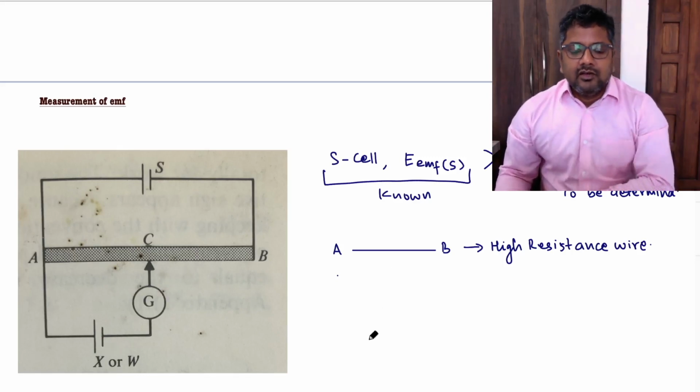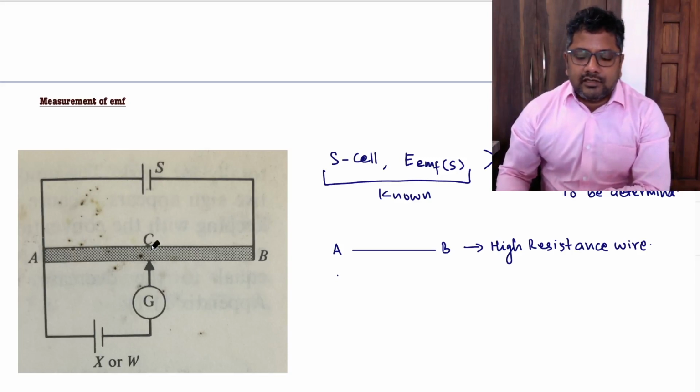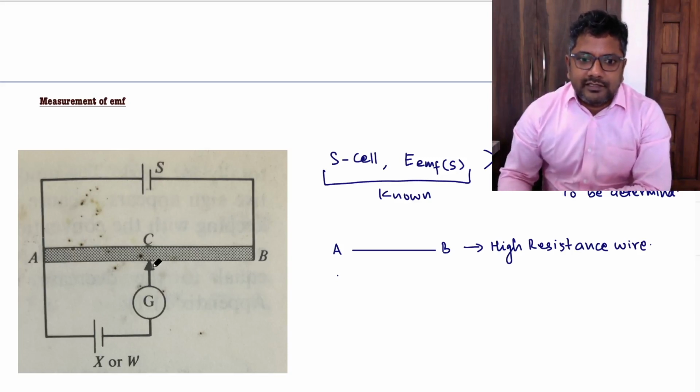Okay, what you have to do, see, this is a movable wire. You can touch this point on AB at any point.